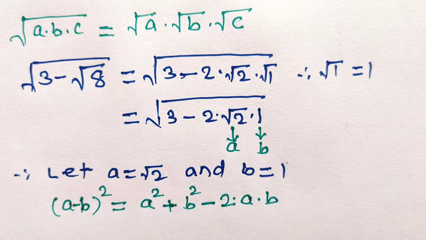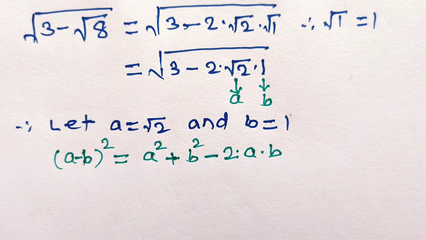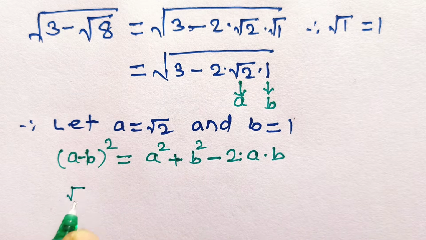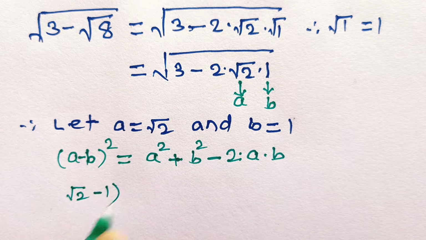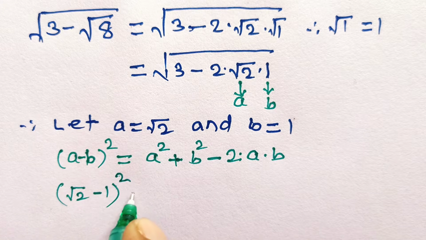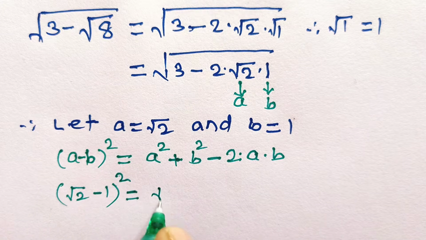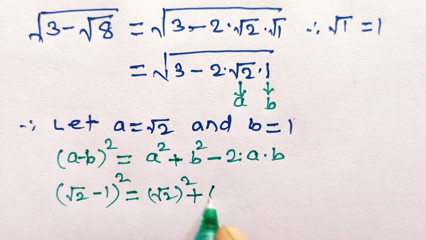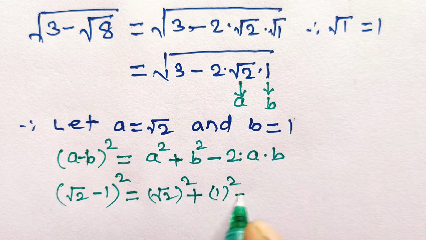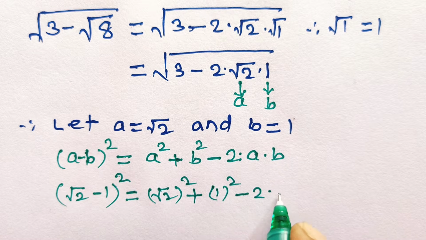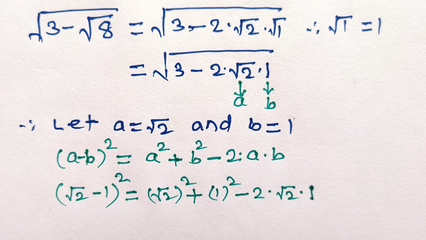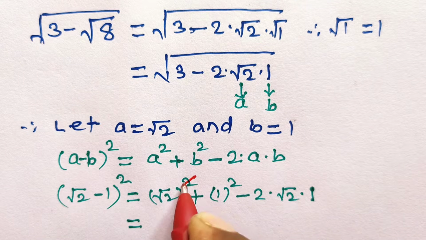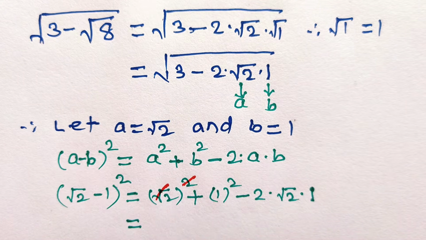Hence, this can be written as (square root of 2 minus 1) square. This is equal to (square root of 2) square plus 1 square minus 2 into square root of 2 into 1. And here this square gets cancelled with this square root.